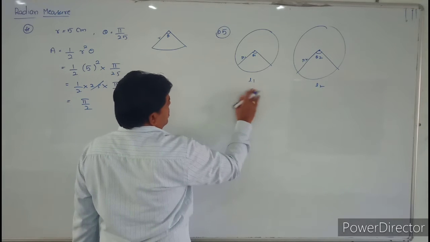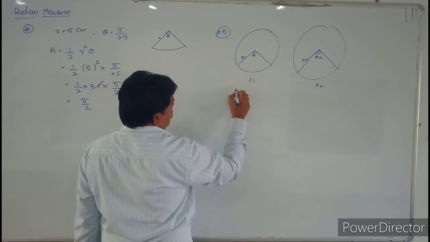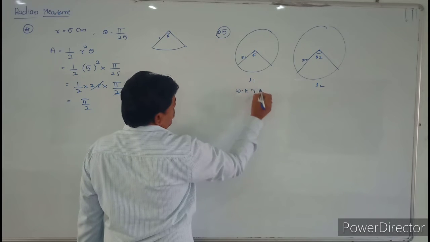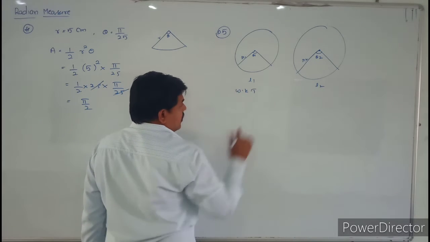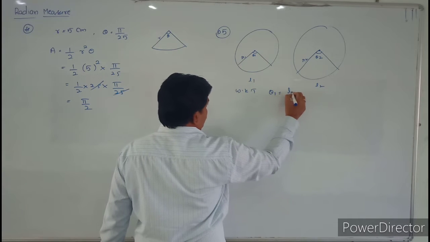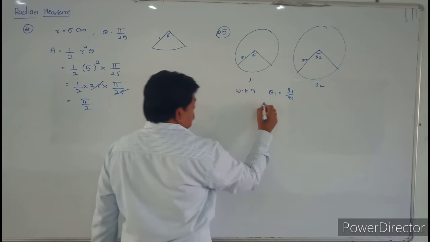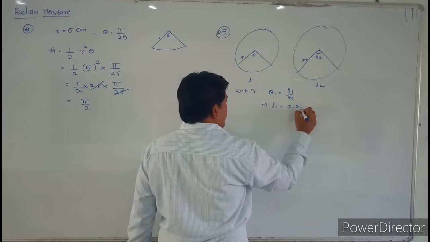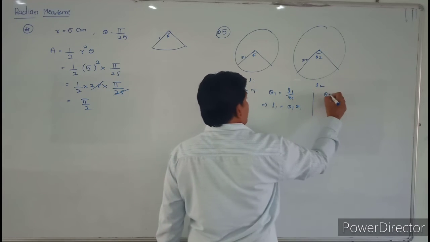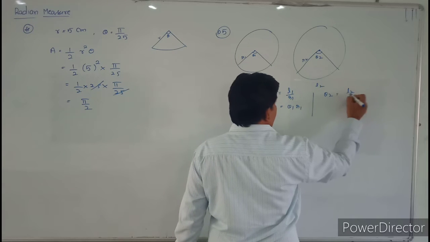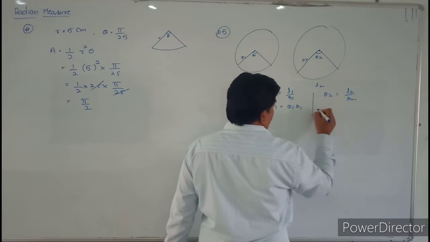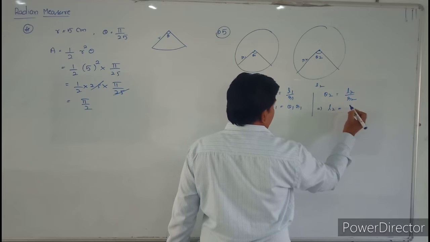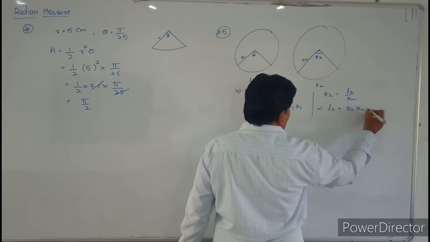First, what is the condition? We know that theta 1 is equal to L1 by R1, so L1 is equal to theta 1 into R1. Similarly, theta 2 is equal to L2 by R2, so L2 is equal to theta 2 into R2.